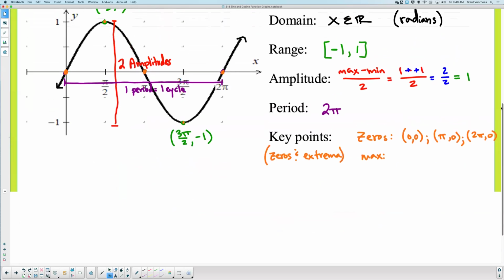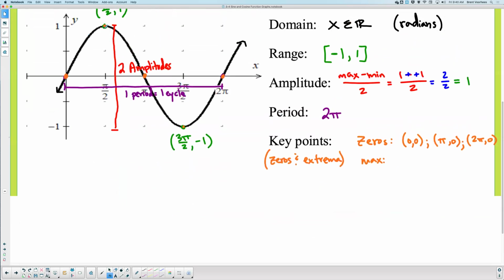We had that maximum already. We already wrote that, but we'll do it again just for the practice. What's the x value there? Pi over 2. And the y value? 1. And then finally the minimum is right here: 3 pi over 2 and -1. That's your sine function.